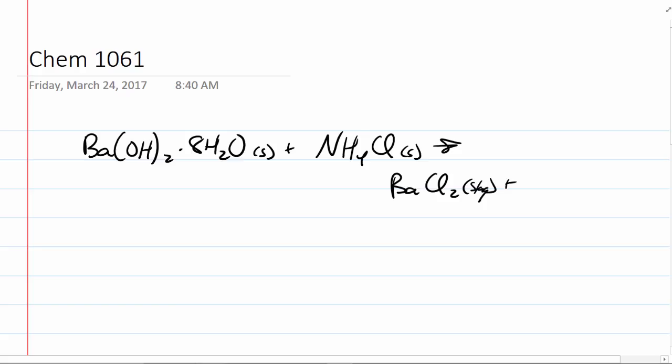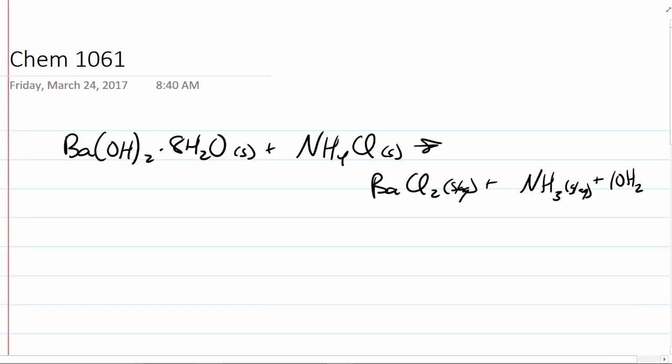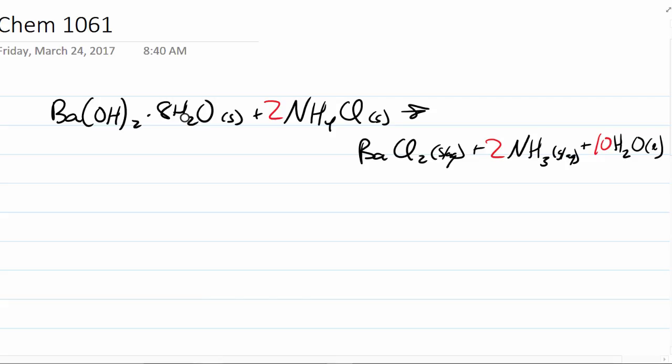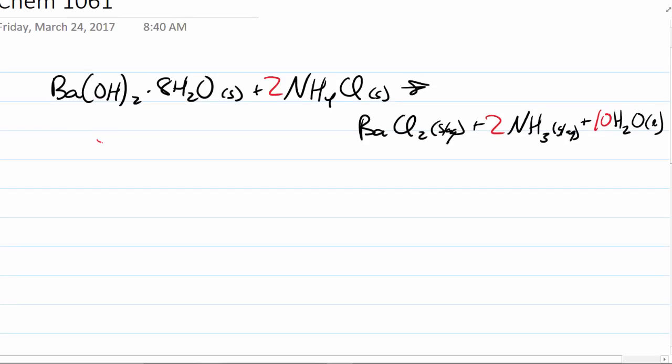Then we had ammonia, also ambiguously phased, and then there was the H2O that we produced as a product. Okay, and then we balanced it something like this. And once again, this was an endothermic process.